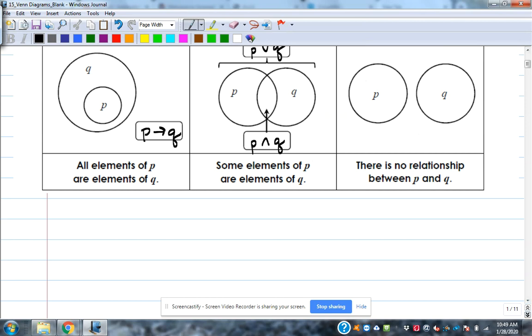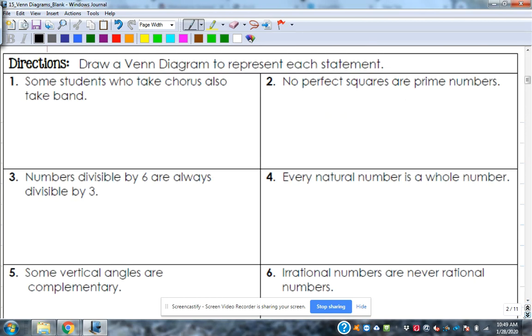All right, let's go down to these situations, and we want to draw a Venn diagram that would show that situation. Number 1 says some students who take chorus also take band. That's possible this year. Chorus is 4th block and band is 5th block. But the situation said some students who take chorus also take band. So that implies what is happening here?